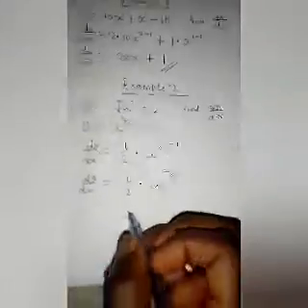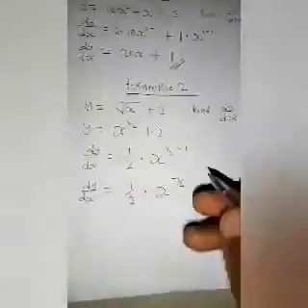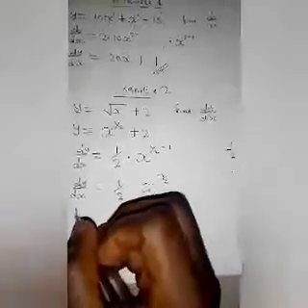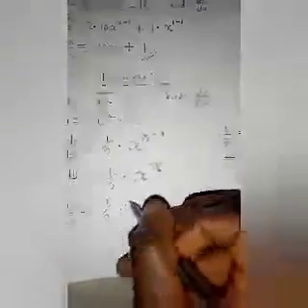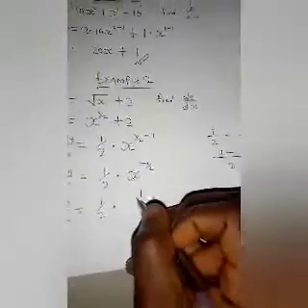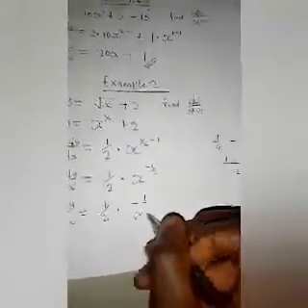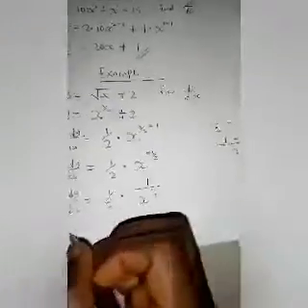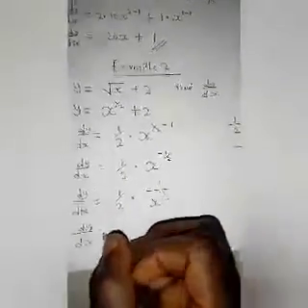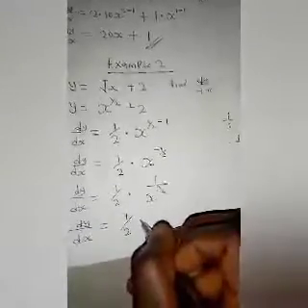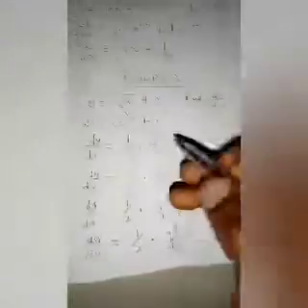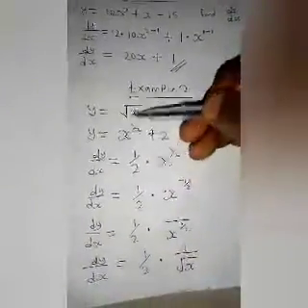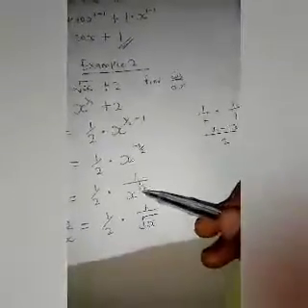From here, we need to rewrite this so that dy over dx will equal a half times, and this minus is the same thing as 1 over x to the power of a half. So dy over dx will equal a half times 1 over x to the power of a half, and from the beginning this is equal to root x, so we can rewrite it.